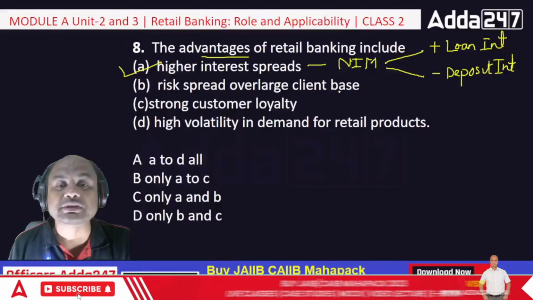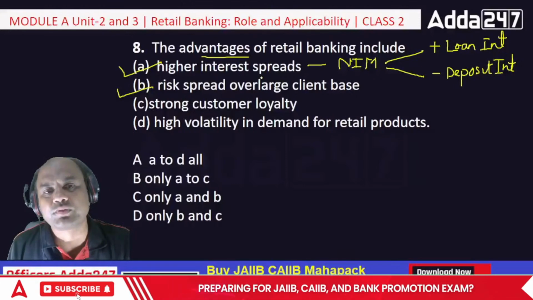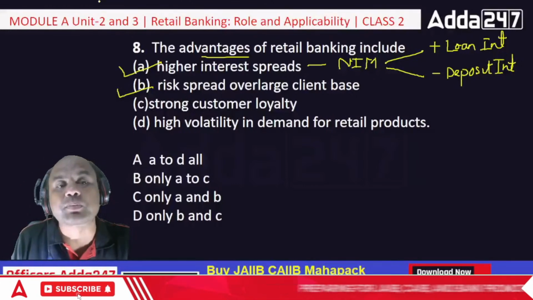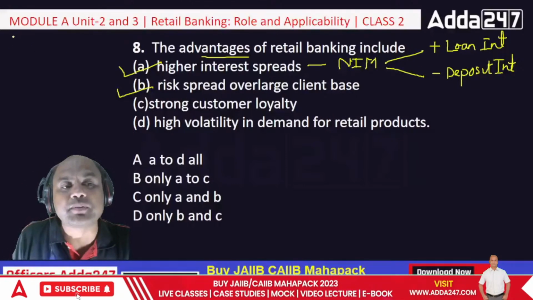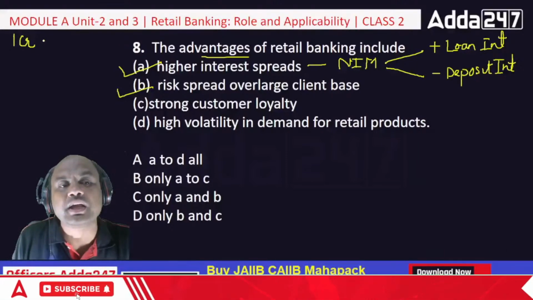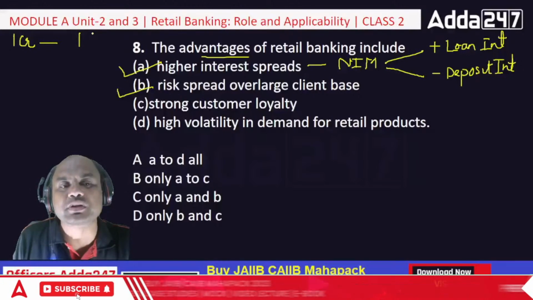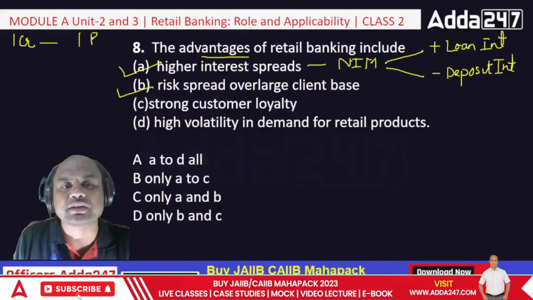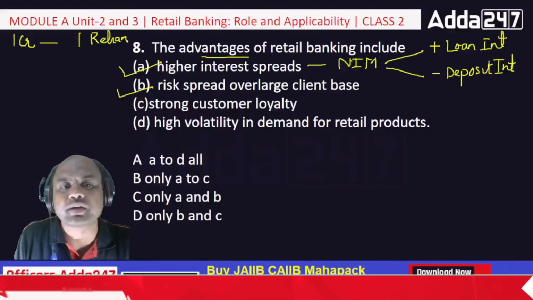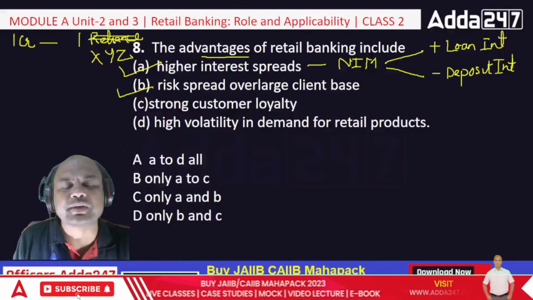Risk spread over a large client base, that is also true. What is the difference between corporate and retail? Suppose I have 1 crore rupees. In corporate banking I will give it to one customer, let's say some XYZ company.